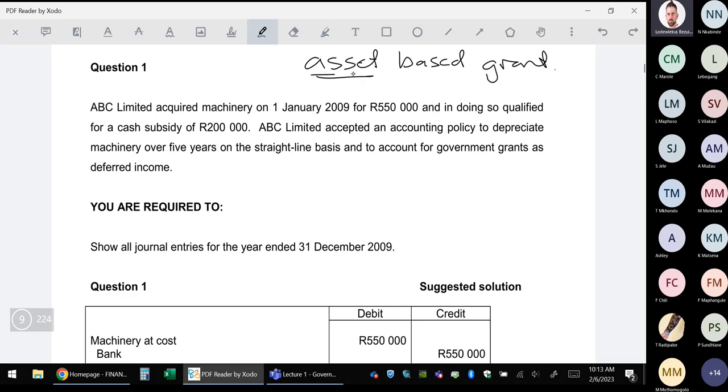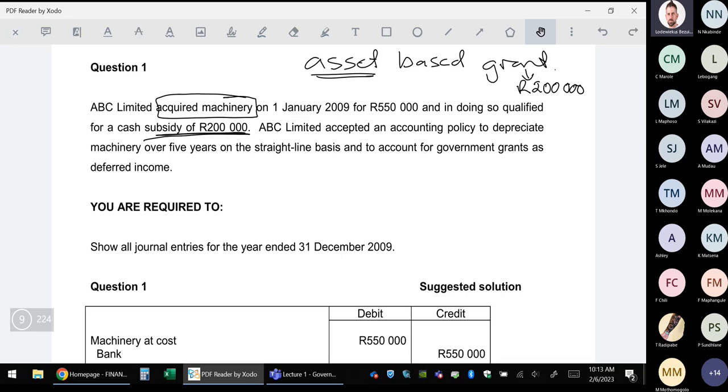Why is it an asset-based grant? Because we have to acquire a machine, and because we acquired the machine, we received a subsidy of 200,000. So the grant of 200,000 is linked to the purchase of an asset. That is why it is asset-based. How do we account for the grant?